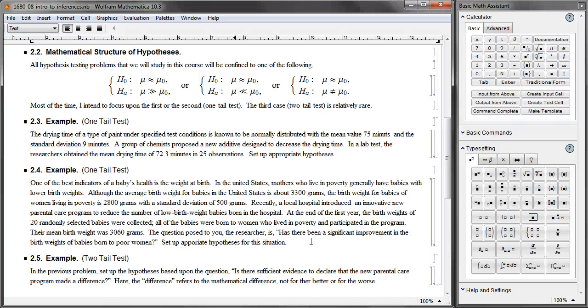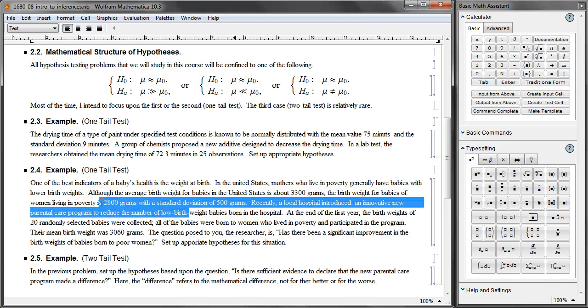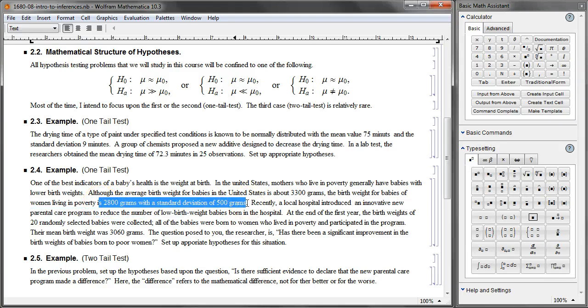It turns out the real mu naught is 2,800 grams, because this is the one that is associated to the standard deviation. You see, 2,800 grams with standard deviation of 500 grams. They're both about a population. And this population in this case is women living in poverty.